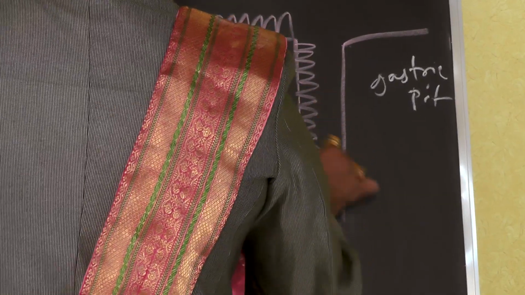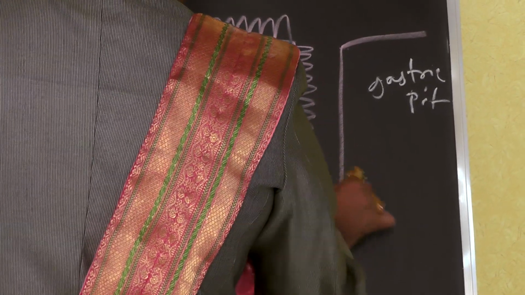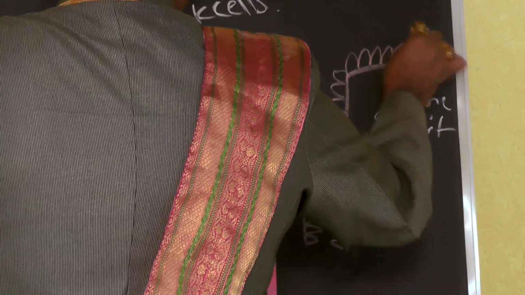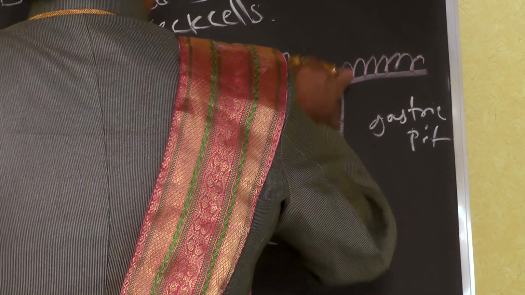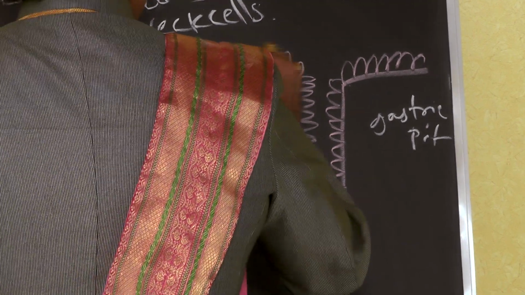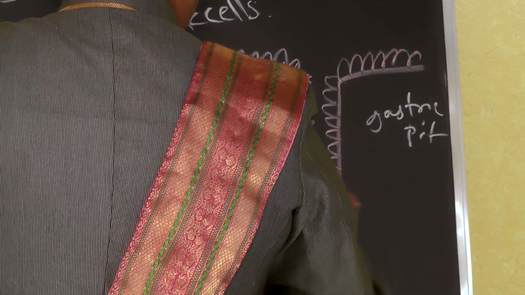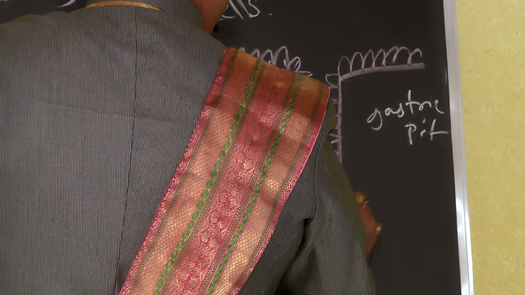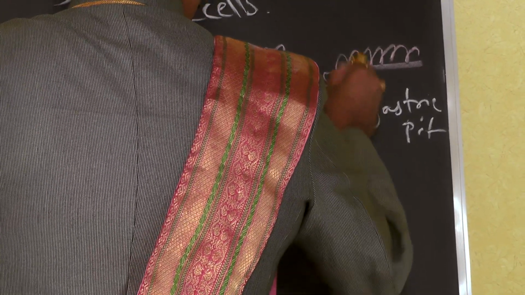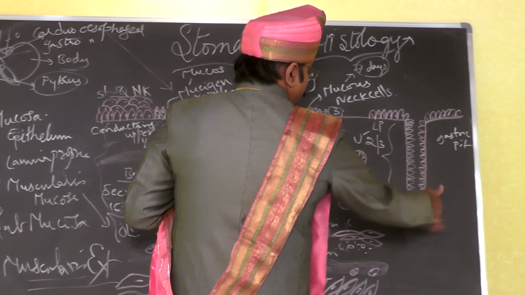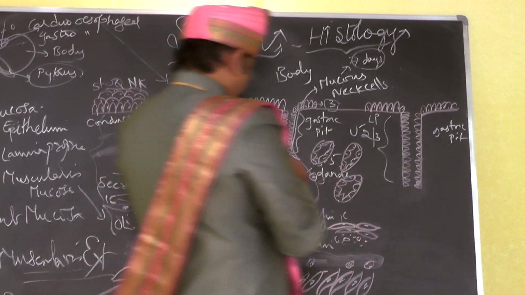Here you have the columnar cells lining the pit, and the upper two-thirds is occupied by the gastric pit. Here we have to draw the nuclei. Now if you see the basal part of the gastric gland, it is coiled in the region of the pylorus.